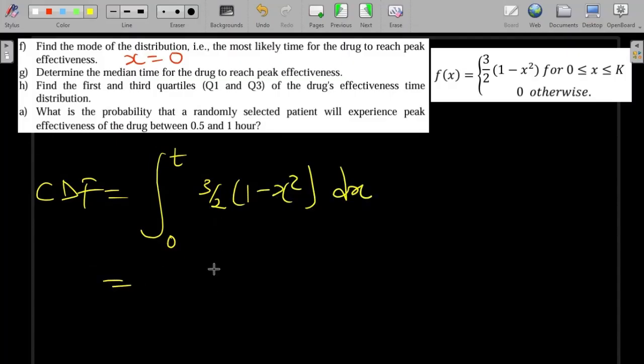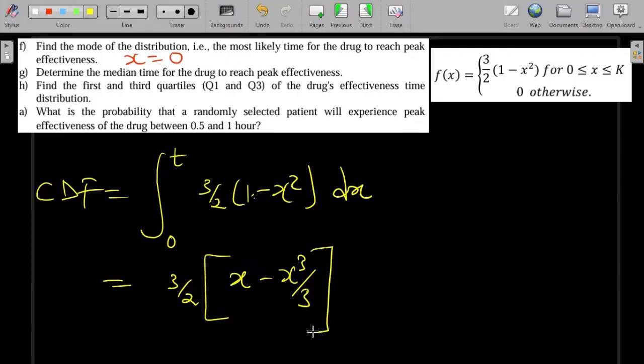When we integrate, we get 3 over 2, and then the integral of 1 will be x, minus the integral of this, which will be x to the power 3 over 3. So that's what we get when we integrate this.